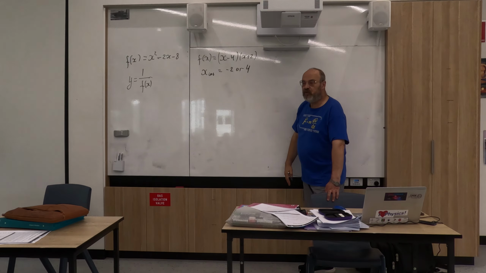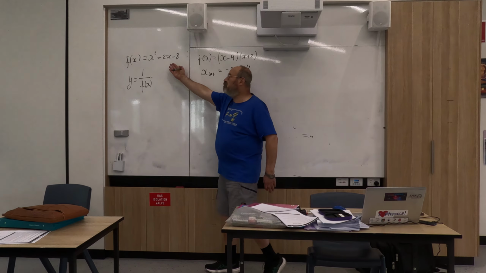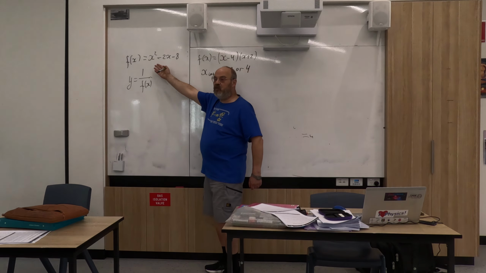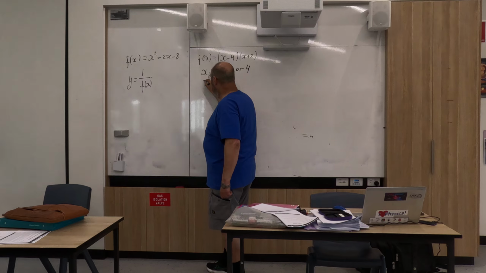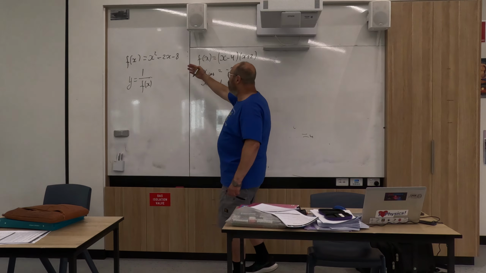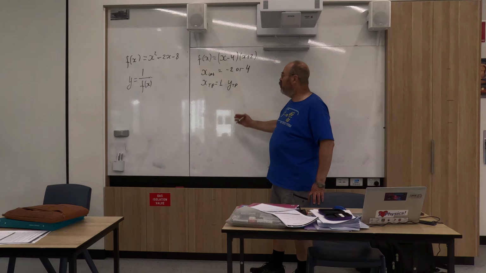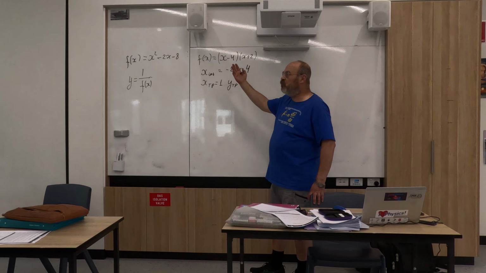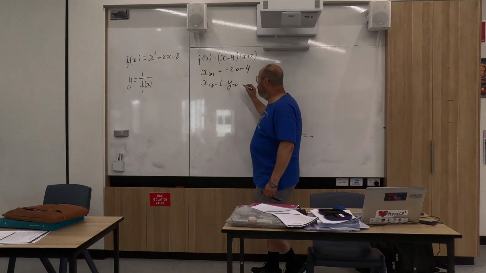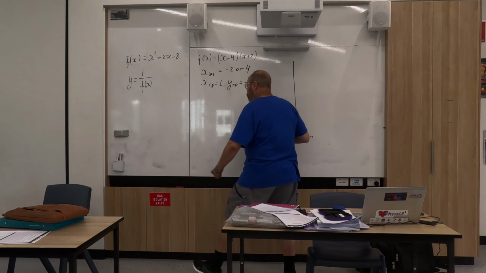So negative 2 plus 4 divided by 2 equals 1, or negative b over 2a, which gives us the same result. So the x of the turning point equals 1. What will be the y-coordinate of the turning point? It will be 1 minus 2 minus 8.